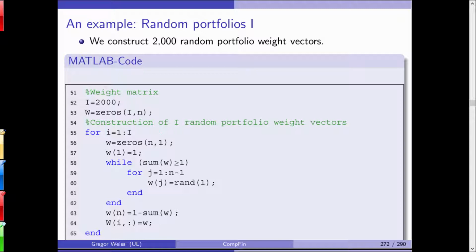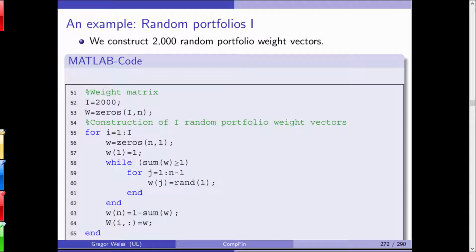If you go to a broker and you want to spend 10,000 euros, you could think about putting 1,000 euros here, maybe 2,000 euros there. So let's do a random portfolio. And this program does this. It simply constructs 2,000 random portfolio weight vectors. So I is 2,000, W is a vector of zeros.